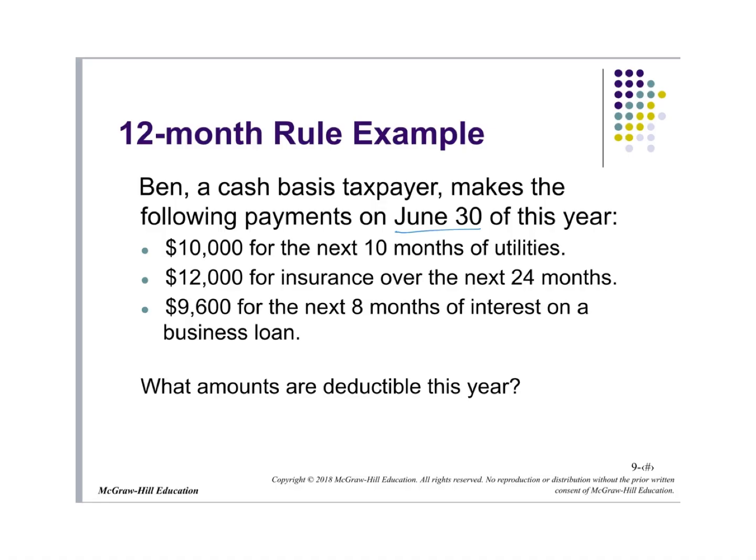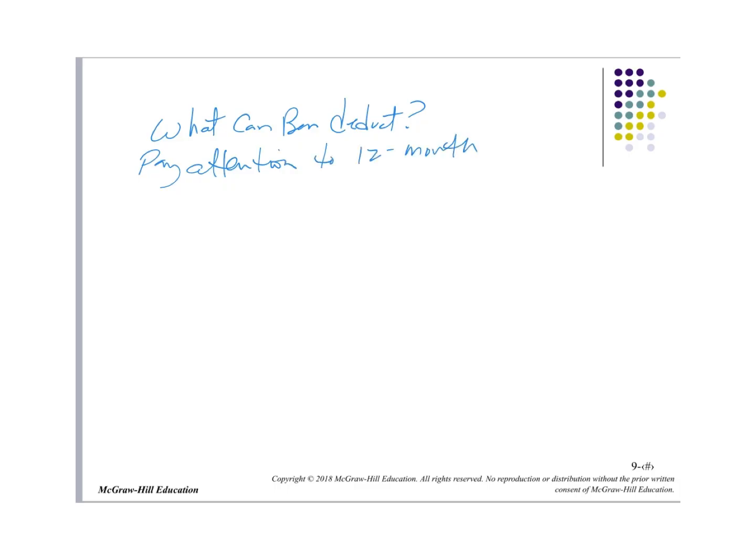So we have to decide what Ben can deduct, and we have to pay attention to the 12-month rule.